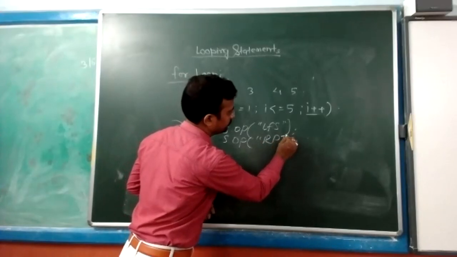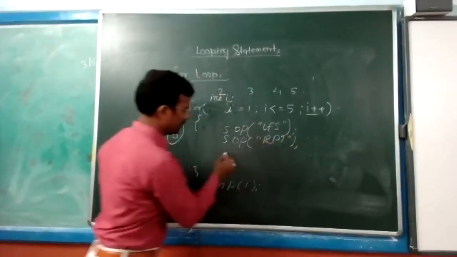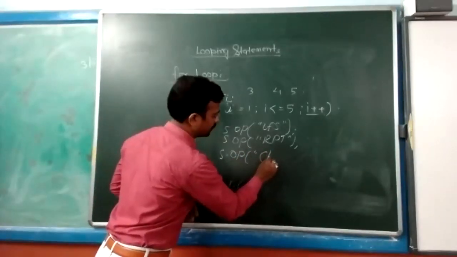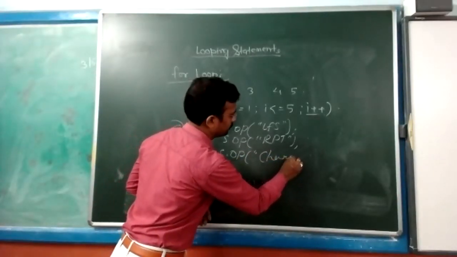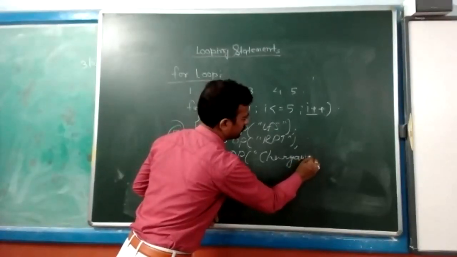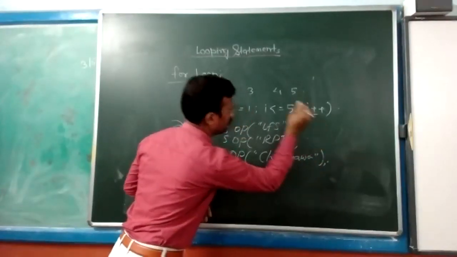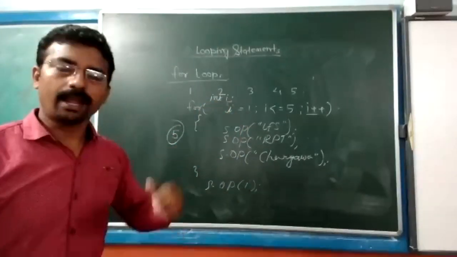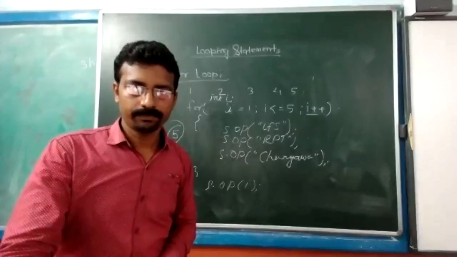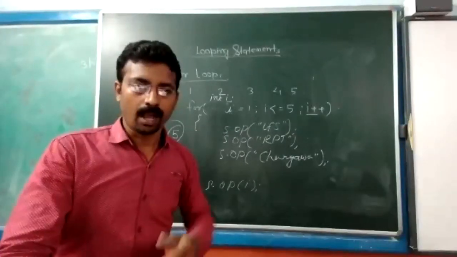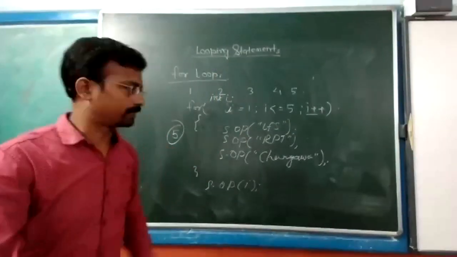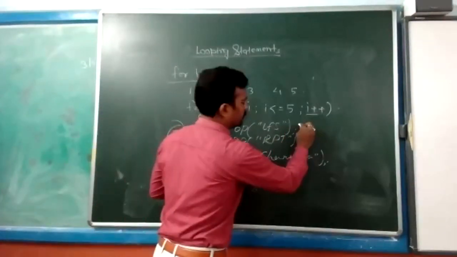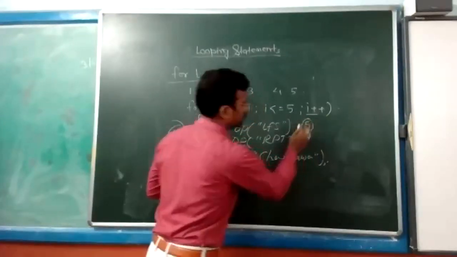If I am writing system.out.print RPT, and system.out.print shutdown, now tell how many results will come and how many times? How many results will be printed on the screen and how many times? You will see this will execute 5 times.